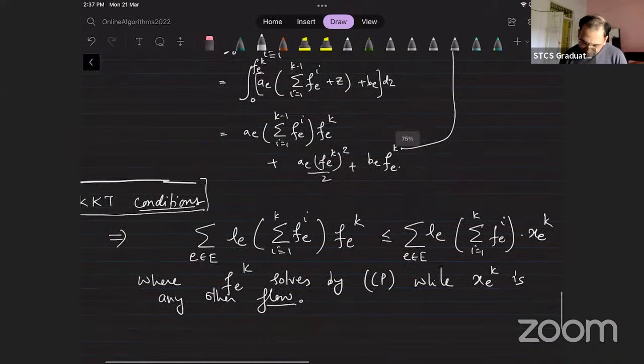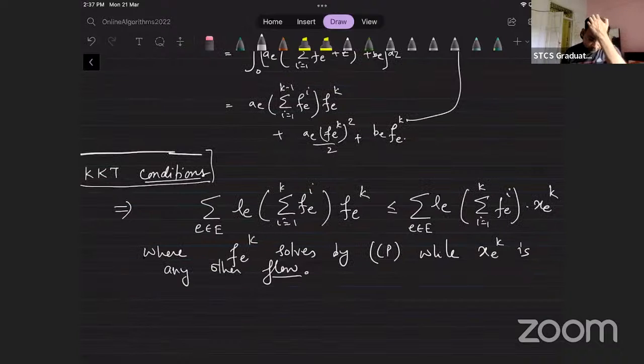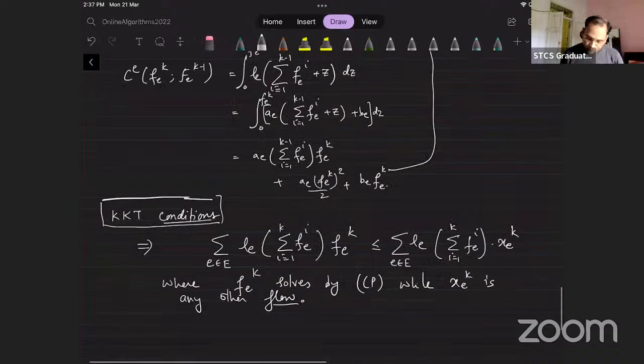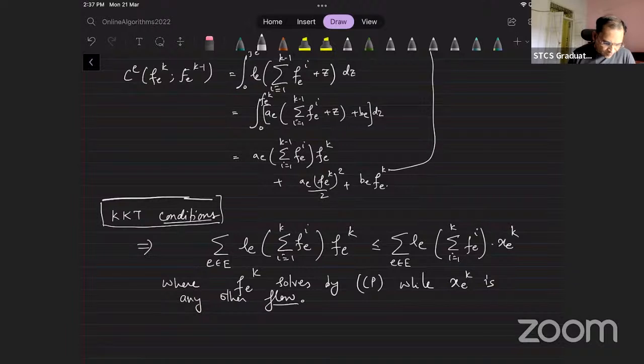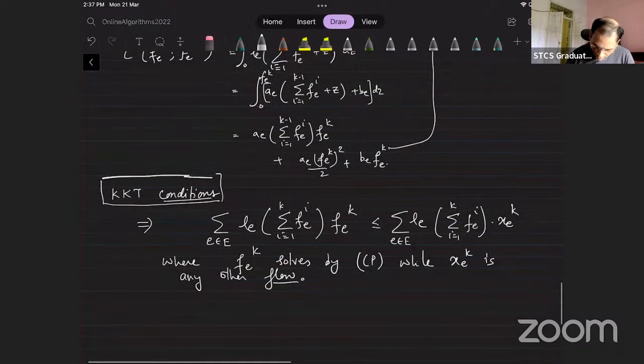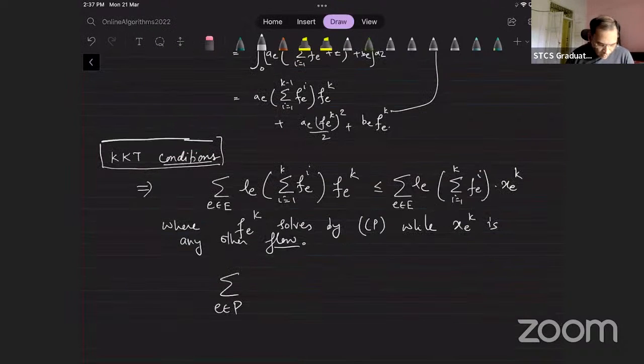Can anybody interpret this, why this should be true? And moreover, you can also try to see. I will define what P and Q are in a minute.